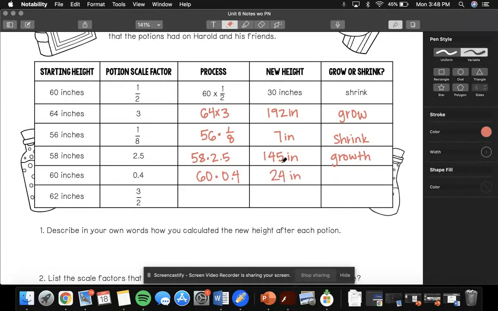So comparing, it looks like they shrank. And then the final one, 62 inches, and their scale factor was 3/2. We get 93 inches. So compared to that, they grew.